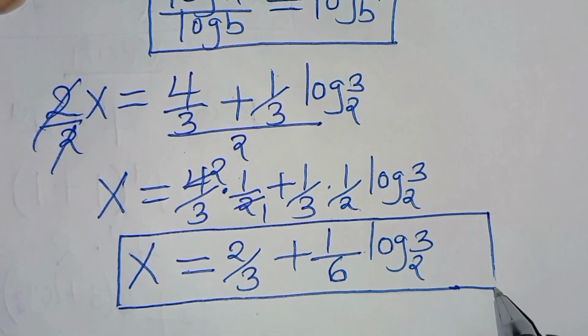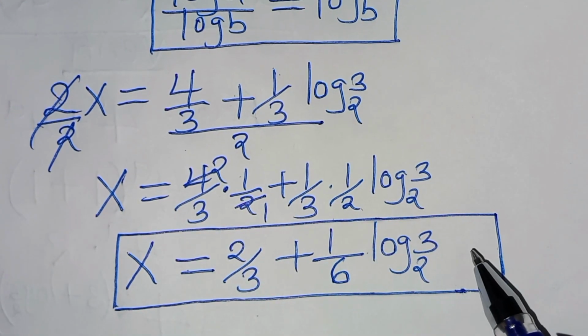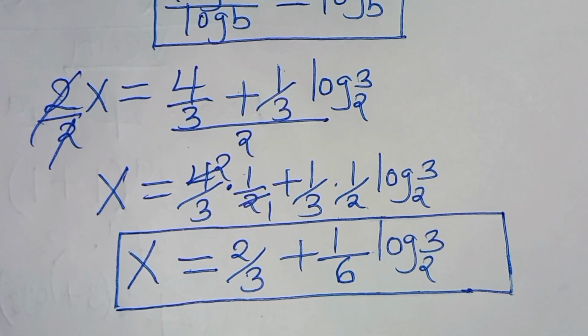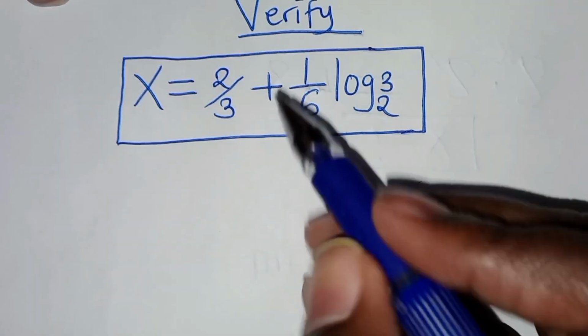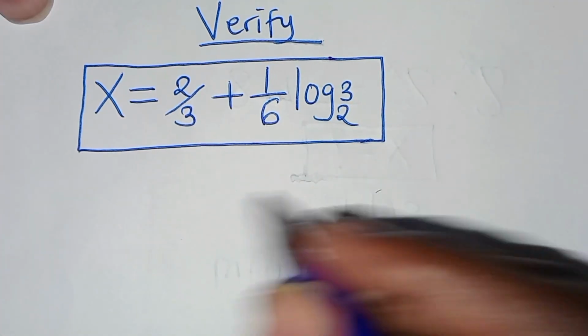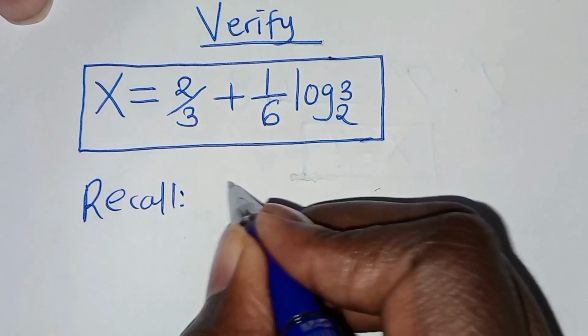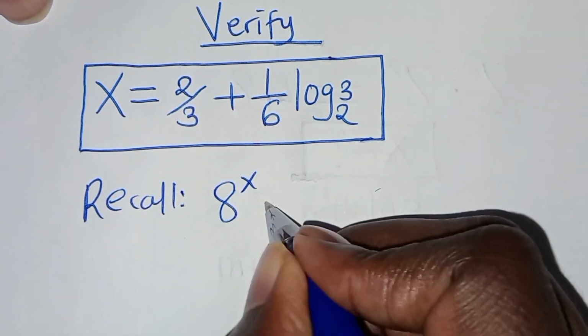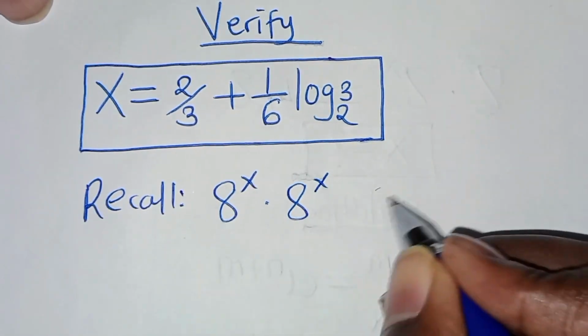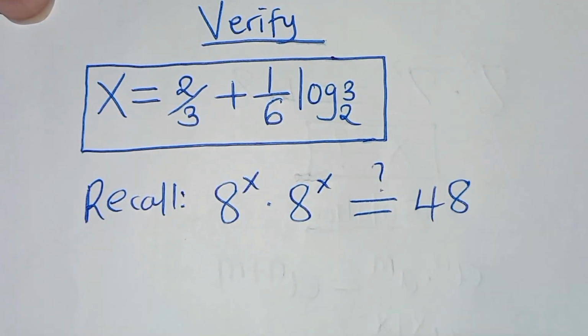So the next step from here is to verify that this value of x satisfies the equation. If you recall from here, we have that 8 to the power of x times 8 to the power of x should give us a value of 48.